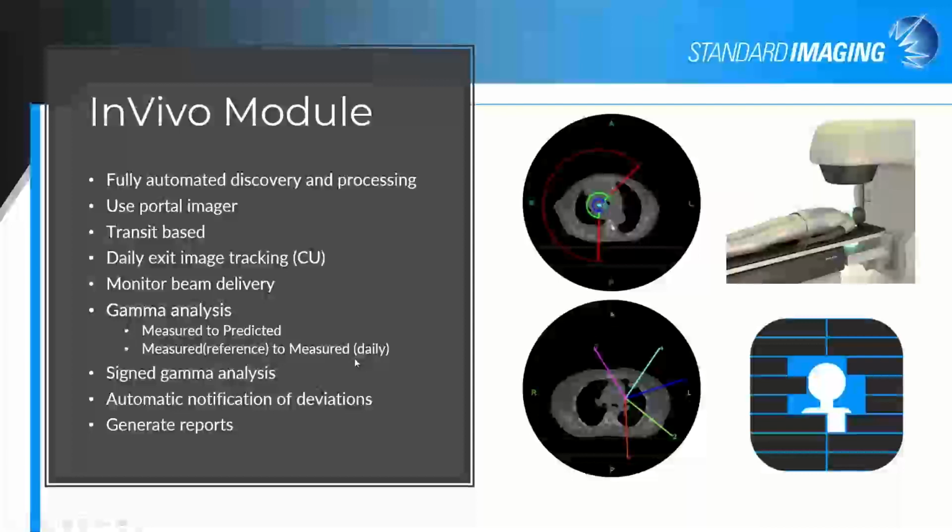And we're going to talk about this more in some following slides. We have a signed gamma analysis, and we're going to go through exactly what that means, and then automatic notification of deviations, and then there's also reports that can be generated and exported to your R&V system. The INVIVO module does work as the diagram indicates for arcs or static fields.